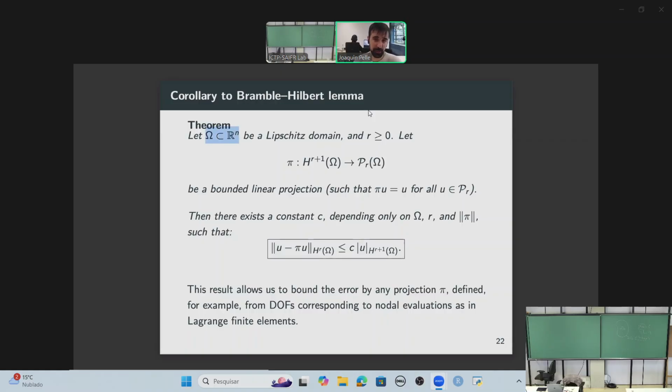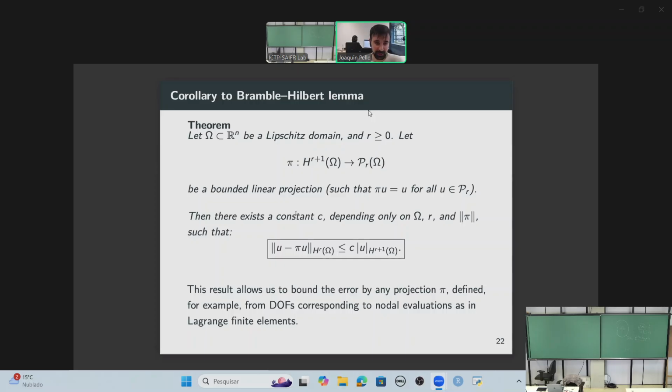Omega is a certain domain, again, a Lipschitz domain. And this projection here that we take from our function space, the Sobolev space of order r plus 1, to the polynomials of order r, we ask that it be a bounded linear projection, right?